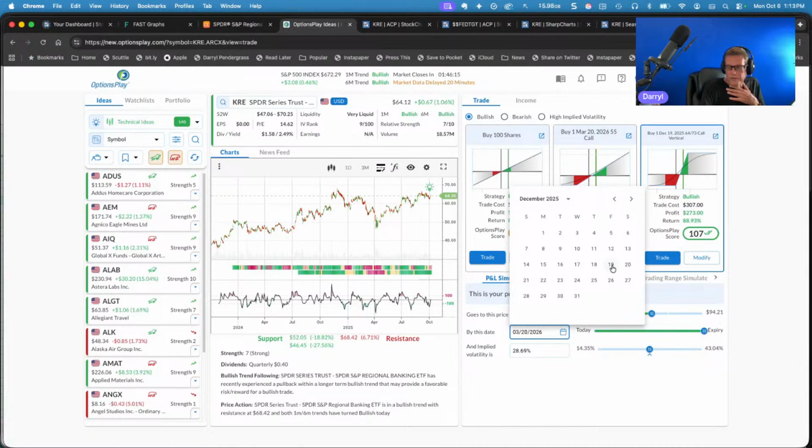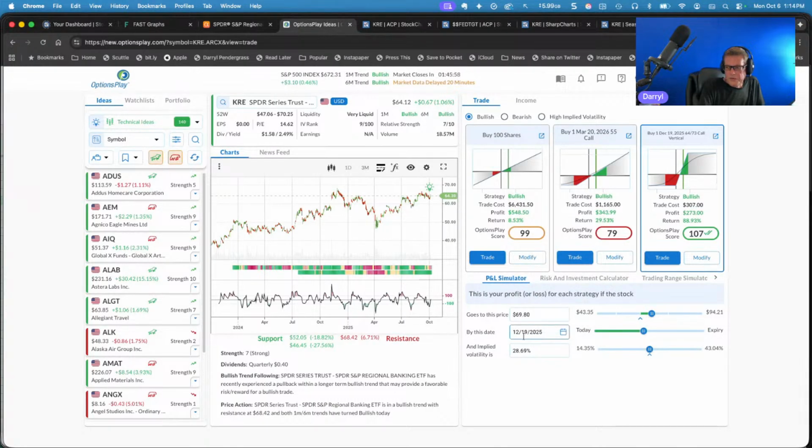I'm actually hoping for end of November, because that's when the largest percentage from a seasonality perspective is, when the price should reach that, at the end of October or November. But if I set it to December the 19th at this 10% profit level, that should give me about a $343.99 profit, which would be about 30%.